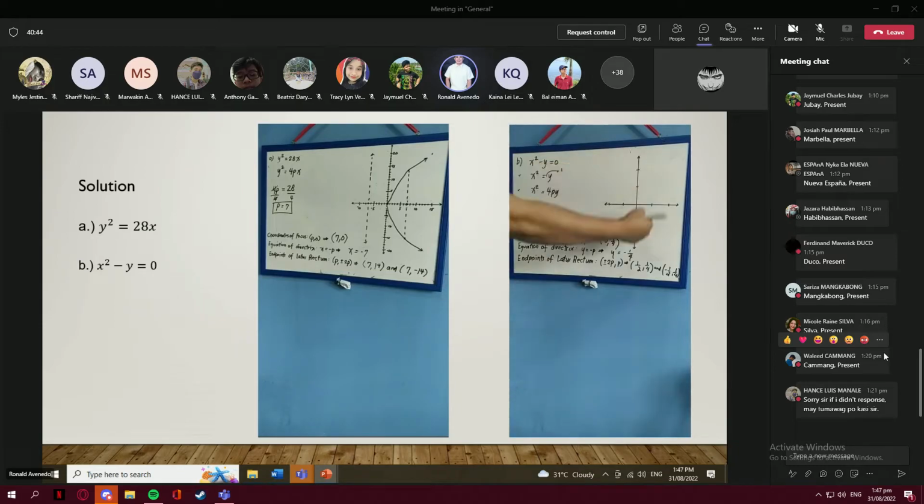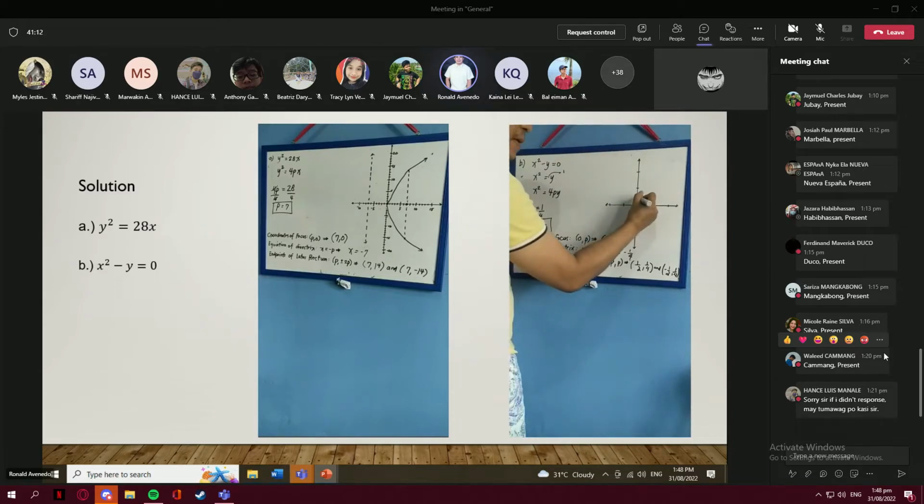We have here the partition plane. As you notice, the interval is quite big. The spaces are quite big because our p is less than 1. The vertex is at the origin 0, 0. The focus is at 0, 1/4. So we have here the focus, very close.